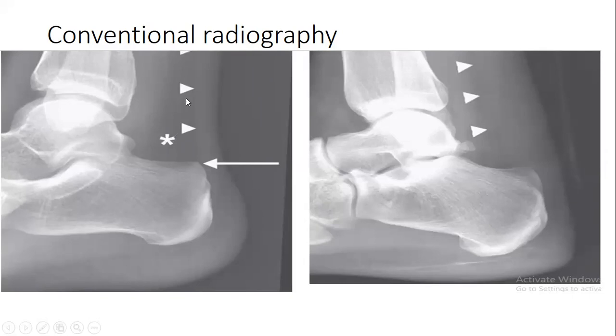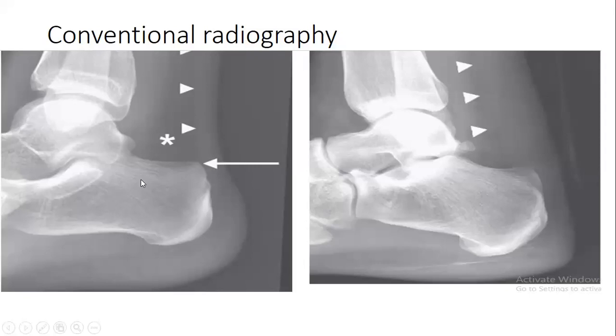So these arrowheads on this image on the left actually show the Achilles tendon, which is continuous and smooth and attaching to the retrocalcaneum. And you can actually tell that it's smooth and straight.